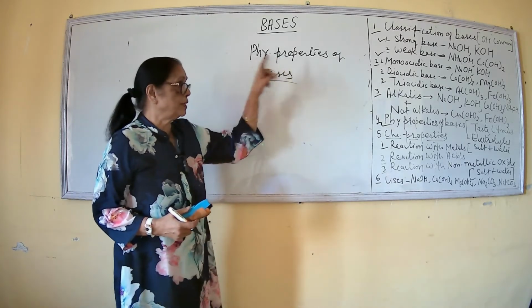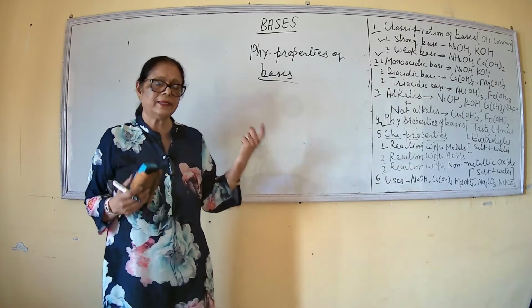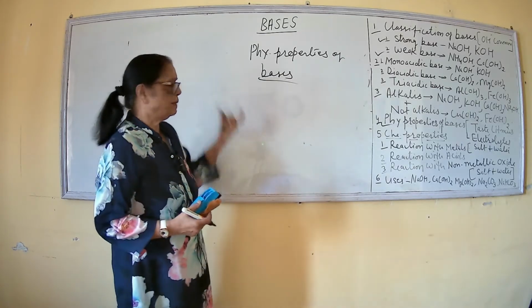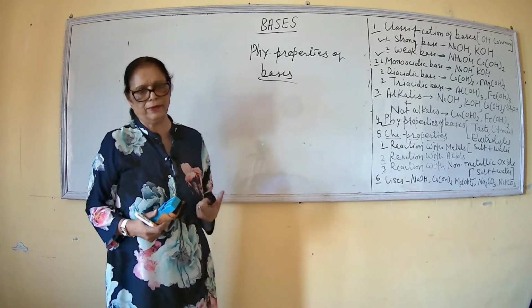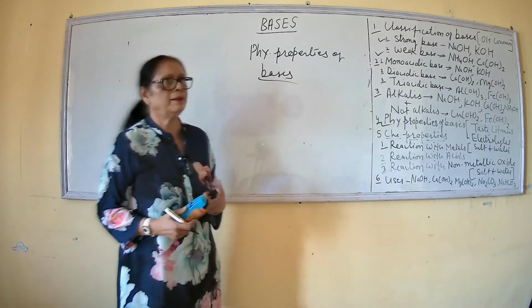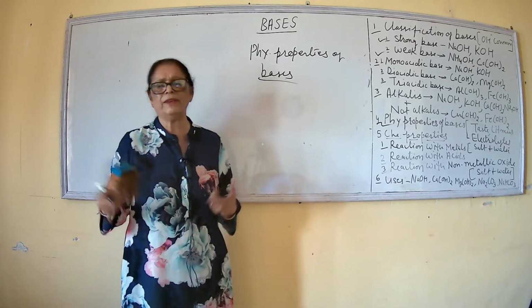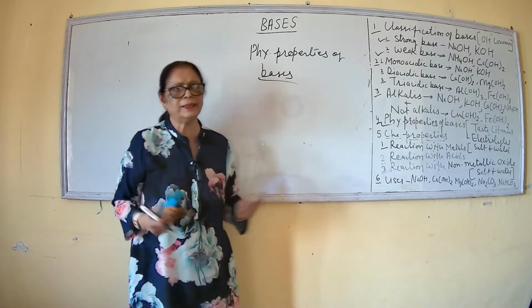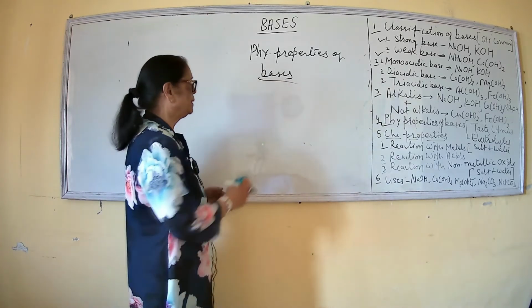So first of all, what is the taste of these bases? Like acids, they are sour in taste, but bases have a sharp bitter taste. So all the compounds which have a sharp and bitter taste, like soap and detergents, have bases present in them.